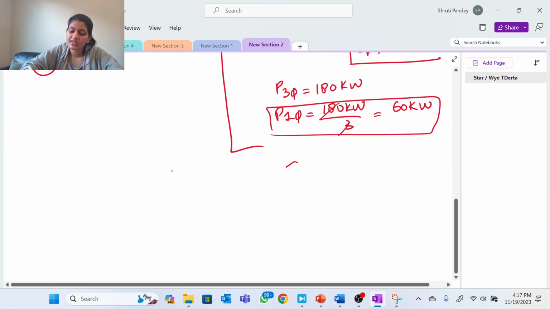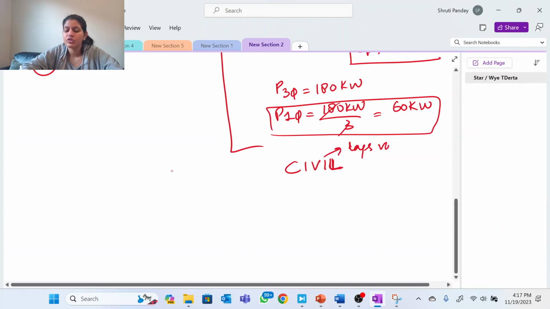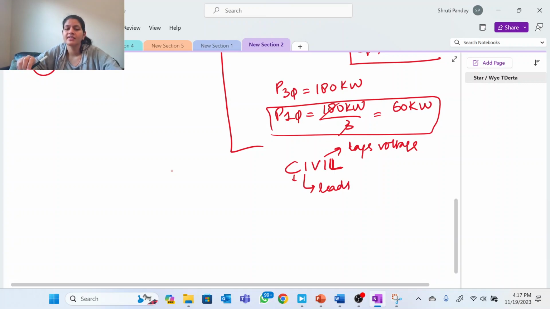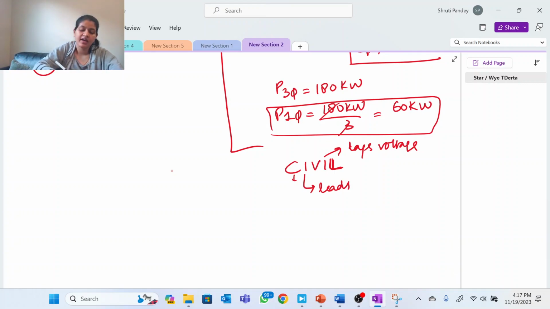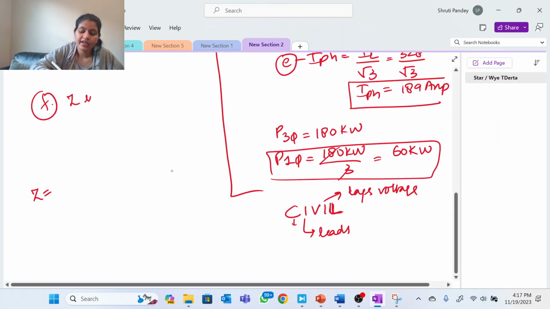So if we come to the CIVIL rule, in the case of an inductor, current lags voltage, and in the case of a capacitor, current leads. So if they are saying it is lagging, that means an inductor is also there in the circuit, right? So they are asking for the Z value, and that too I'll ask for Z in one phase, right? So 3 Z's are there.